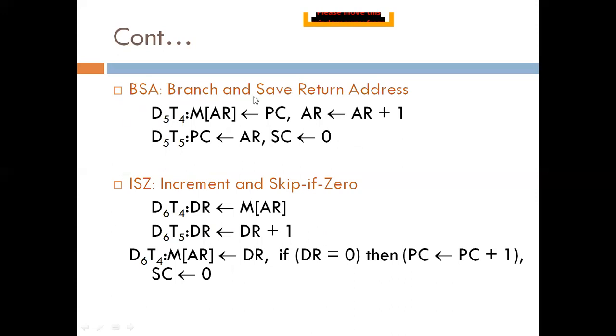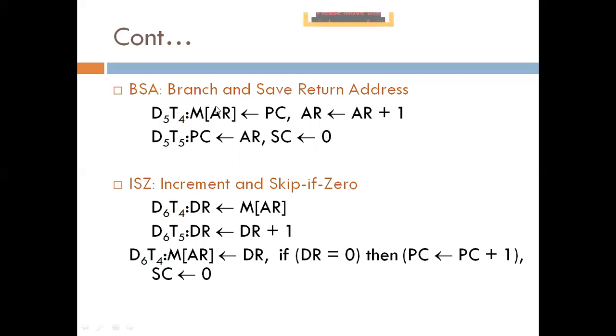Next, branch and save return address. So branching is there, and the return address is saved. The value of the program counter is going to be stored at some place in the memory.